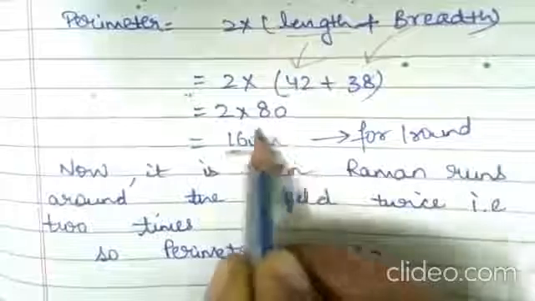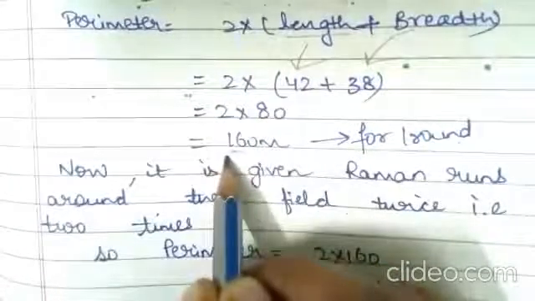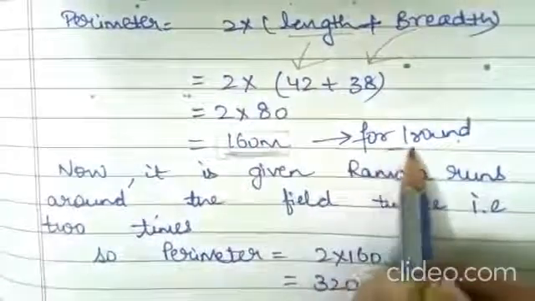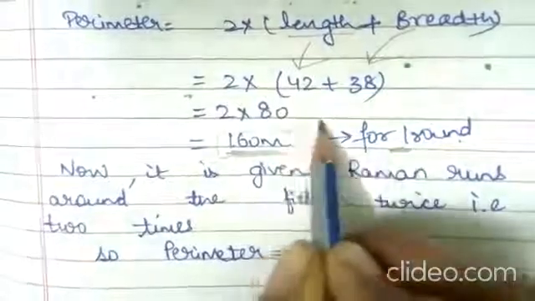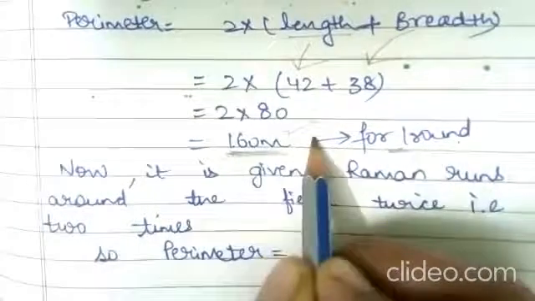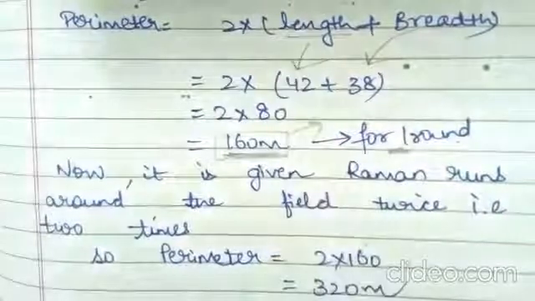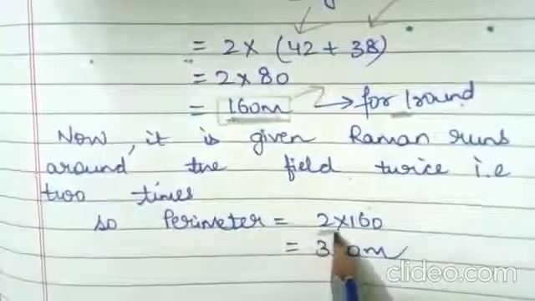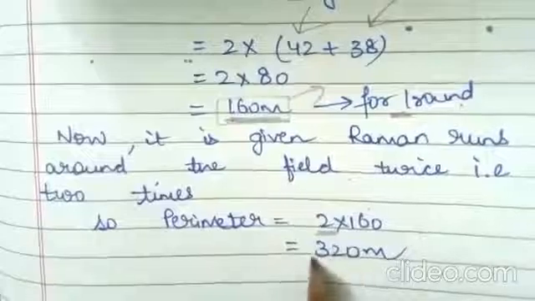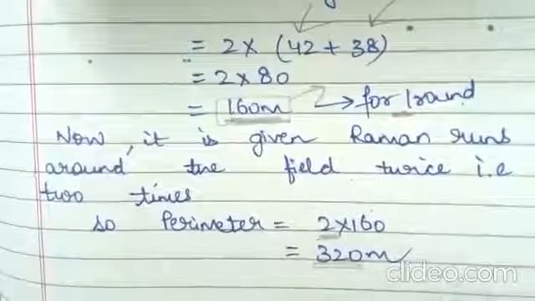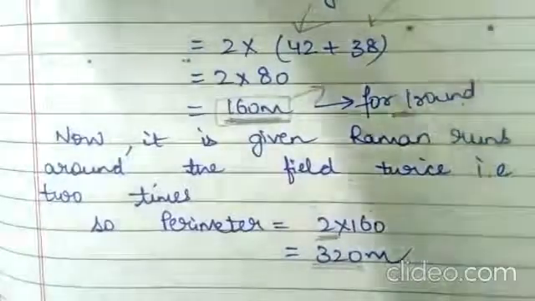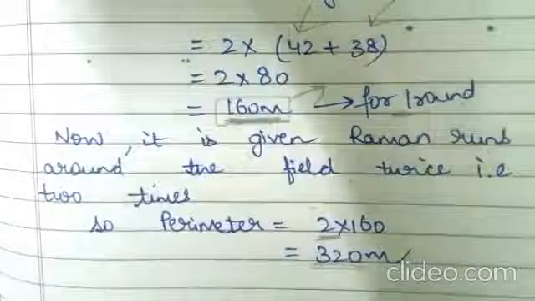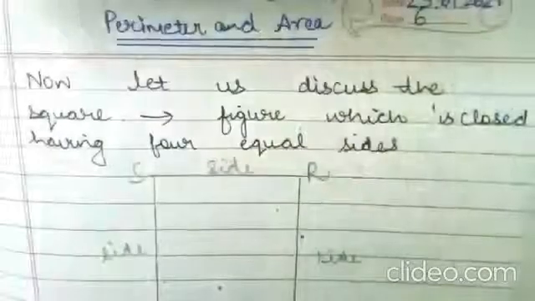Now this is for how many rounds? For 1 round. Now for 2 rounds we have to find out, so we will multiply it with 2. And what we get? We get 320 meter. Clear?